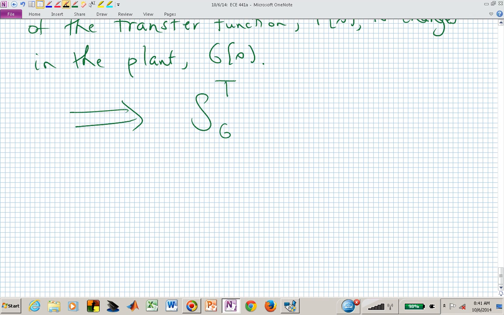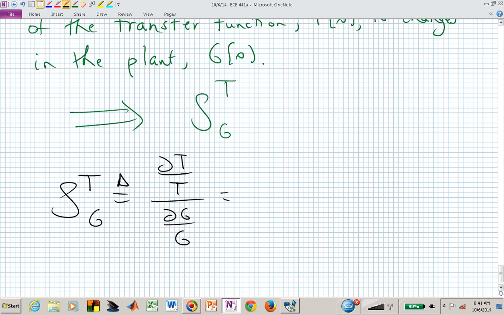Meaning we now are defining S sub G superscript T to be the partial of T over the partial of G over G over T. But if we clean up the G and the T, those are transfer functions. The G's in the denominator of the denominator, which really gives it upstairs in the numerator.